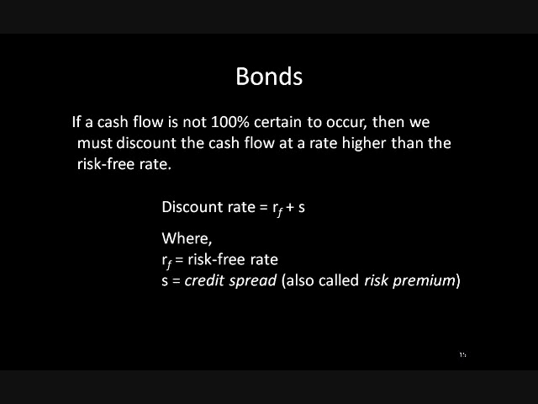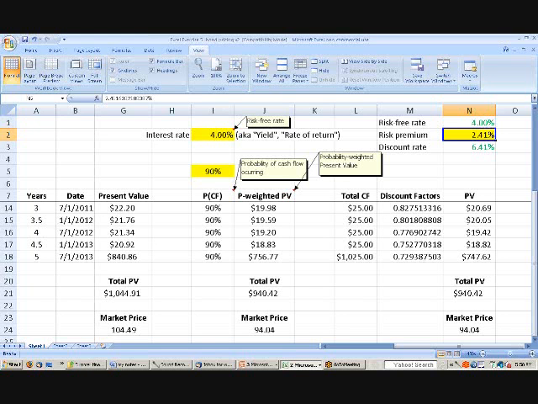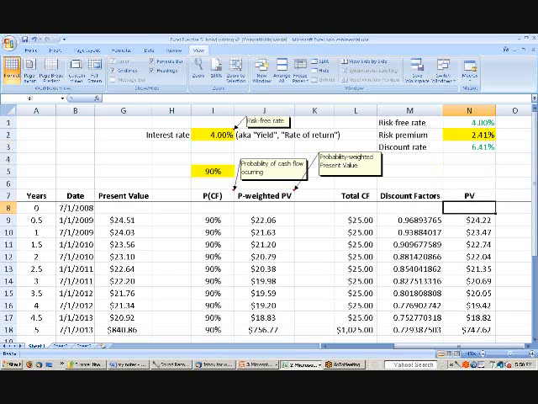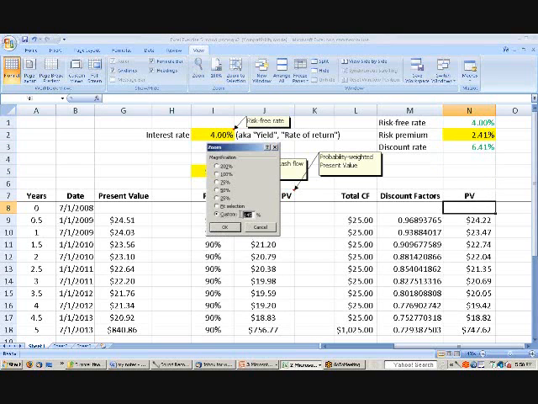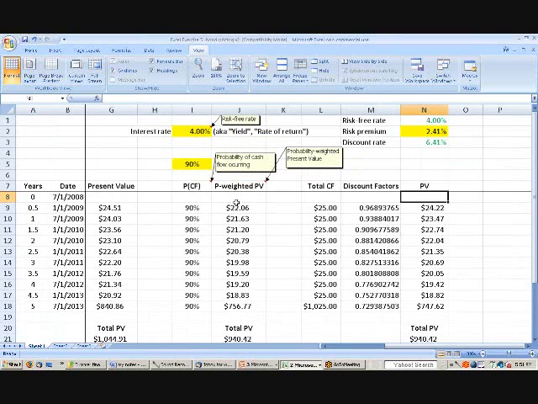So that's the end of the slides here. Now let's go back to the spreadsheet for a second, and I'll just point something out. I'm going to zoom out a little bit here so that you can see the spreadsheet in its entirety a little bit better.